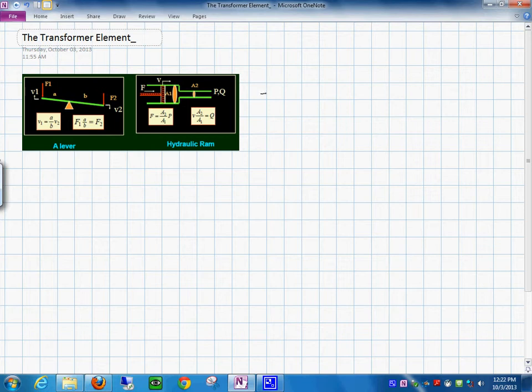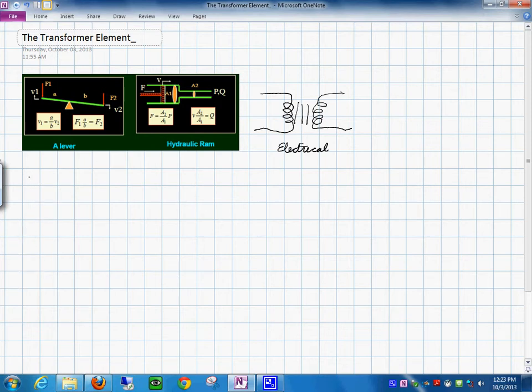This is the same element that we would have if we had an electrical transformer, something like this, and this would be the electrical one. So let's first derive the equations of this, and then we'll move on to the block diagram.